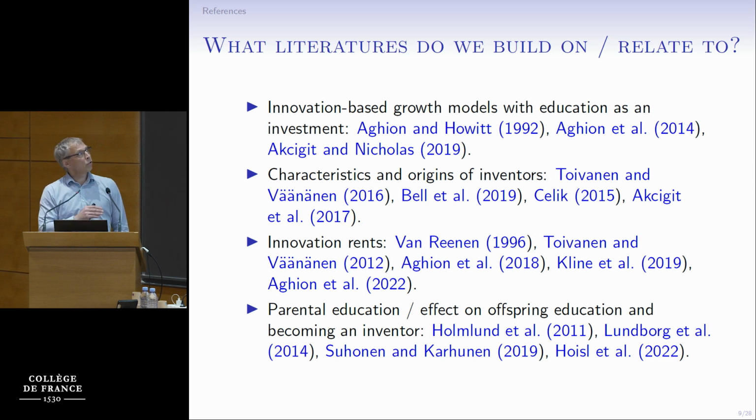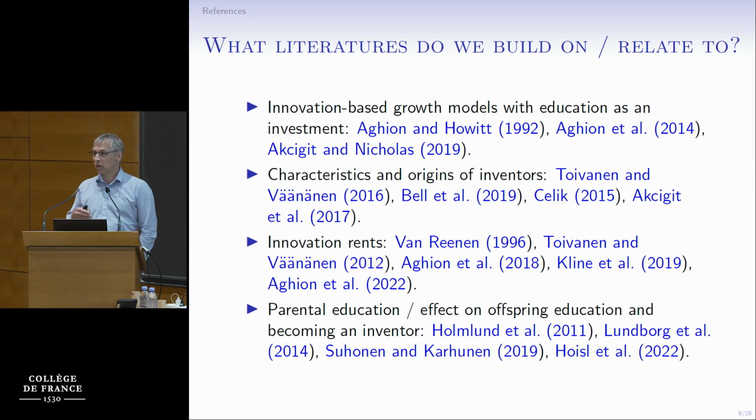There's an adjacent literature where John was the trailblazer looking at the rents to innovation. And again, we have many contributors in the room. And finally, obviously, we're building on the literature that has studied the effect of parental education on offspring outcomes, where mostly the offspring outcome has been offspring education. So we're going to jump over that. But let me point out this paper by Karin Heusel and others, who actually have a very nice paper that came out in Management Science that also looks at the association between parental education and the offspring becoming an inventor.